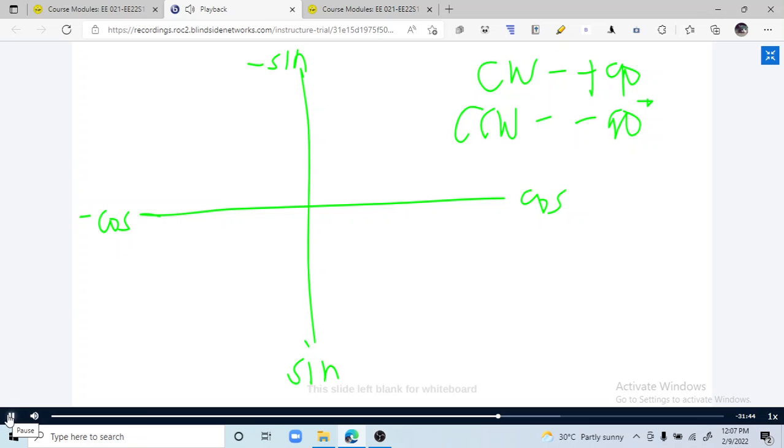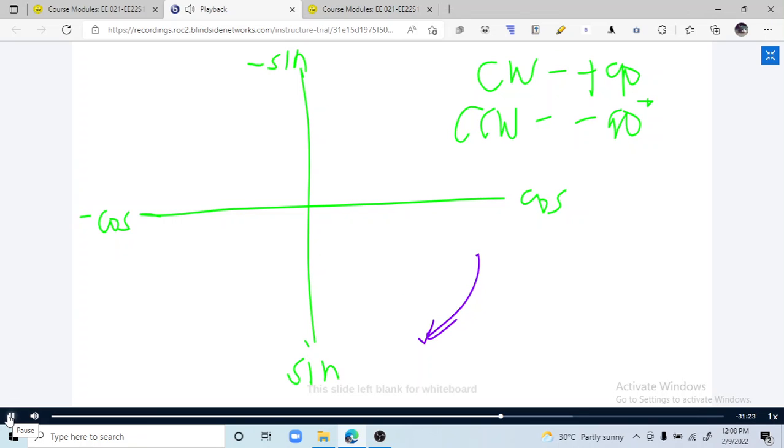What I'm saying here is, if you are in the clockwise direction, let's say you have a cosine and you are going to convert to sine, that is basically clockwise.